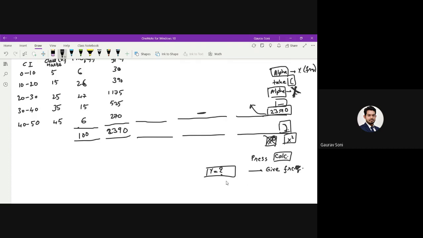Once you give the frequency, press the equal to button, and it will ask you X question mark. Then give the value of X, and again press equal to.